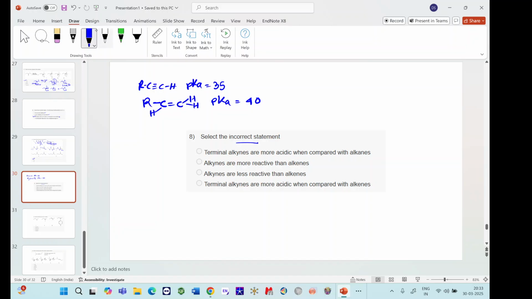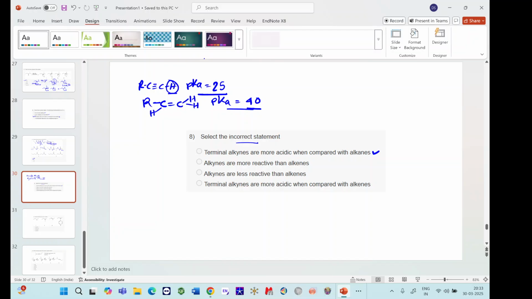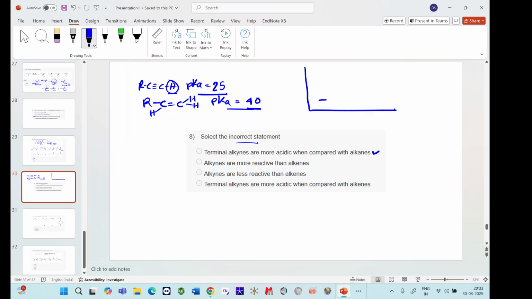This is not 35, this is 25. So you can see the pKa value is less for the alkyne than your alkene. So this is much more acidic. So terminal alkynes are more acidic. It is right, and alkynes are less reactive than alkenes. Yes, this is true because this is your alkyne, this is your alkene.